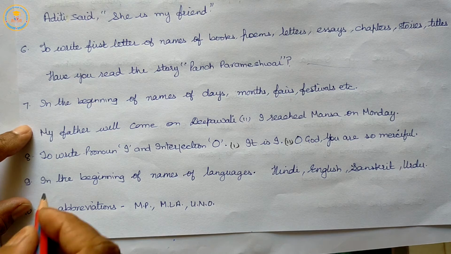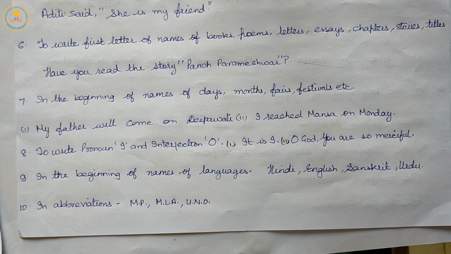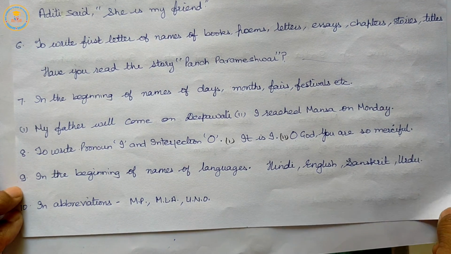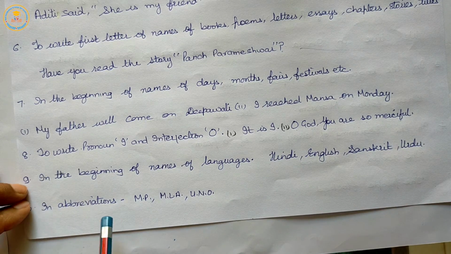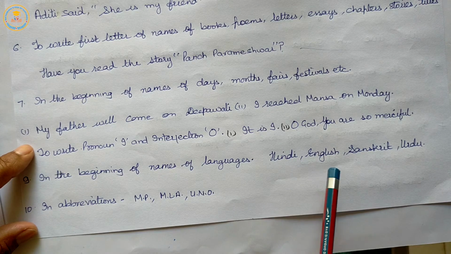In the beginning of names of languages. Example: Hindi, English, Sanskrit, Urdu. My brother knows 4 languages: English, Hindi, Sanskrit, Urdu. So we use capital letters while writing the names of languages.